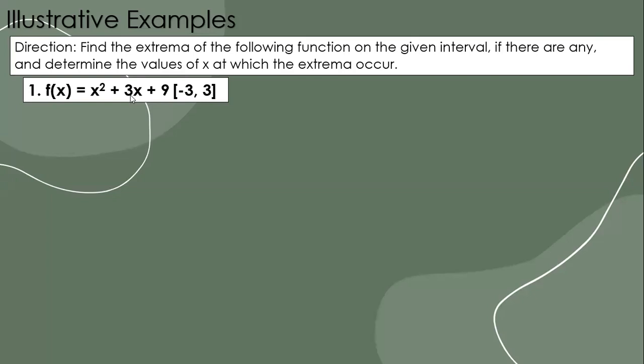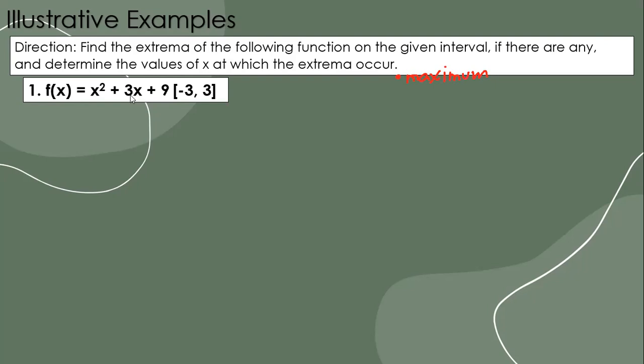Okay? So kung sa graph tayo titingin, okay, madali nating makikita or mapipinpoint kung nasaan yung maximum and minimum. But hindi natin alam kung ano nga ba yung value na yun. Okay? So kung makikita natin, andito yung pinakamataas. Thus, that is the maximum point.